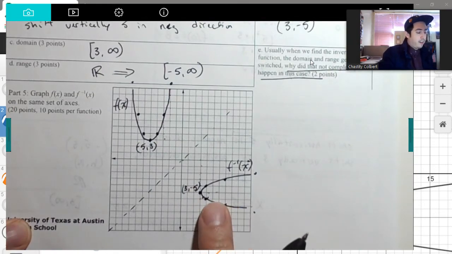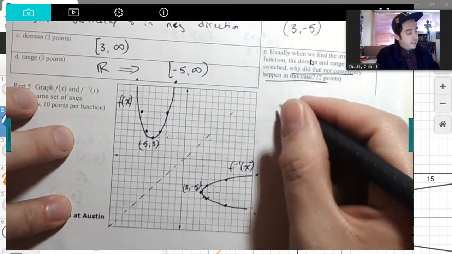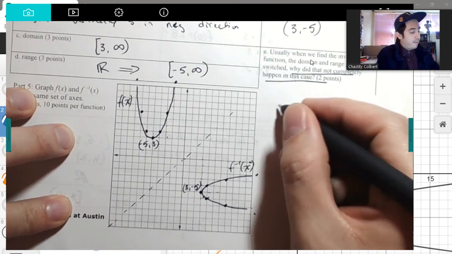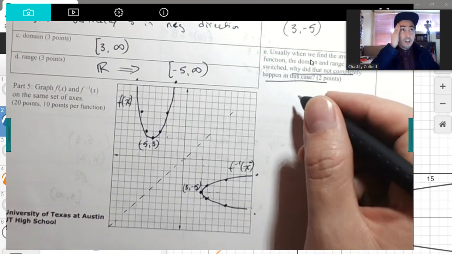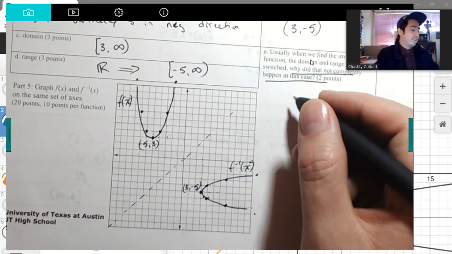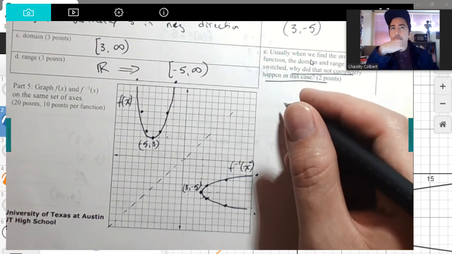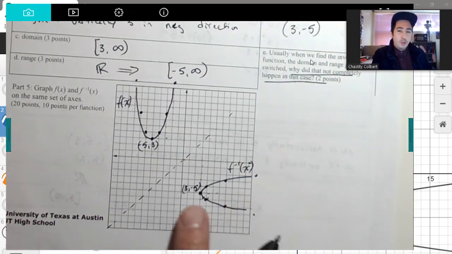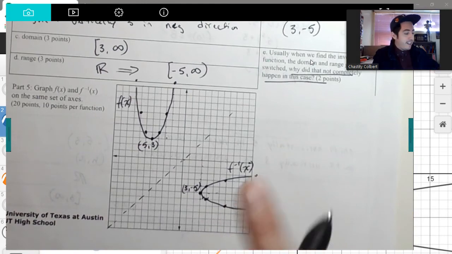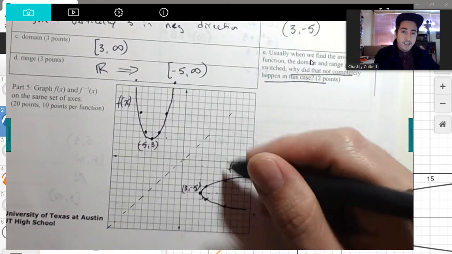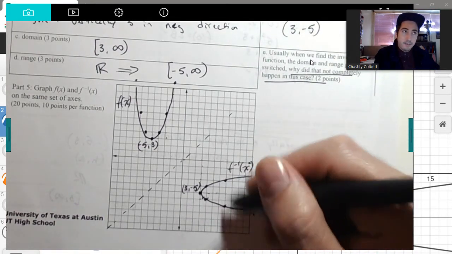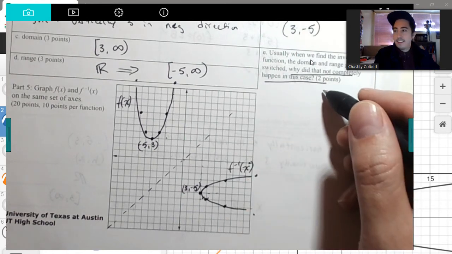Why is that? I guess there are restrictions on the square root function. The square root function doesn't include the bottom part, because then that wouldn't be a function by definition. I'm trying to think of the way I'd word that.